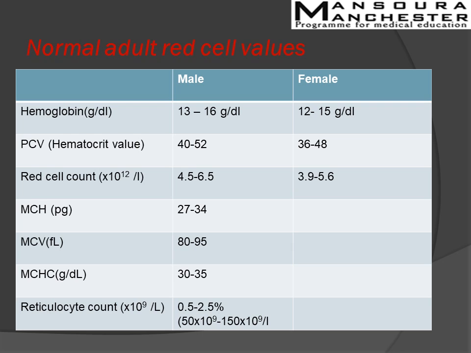We have also the red cell count, which ranges from 4.5 to 5.5 million per cubic millimeter. We have also the reticulocyte count, which is 0.5 to 2.5% of the cells, and the absolute number of reticulocytes ranges between 50 to 150 per cubic millimeter.